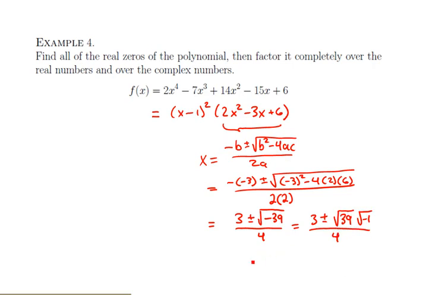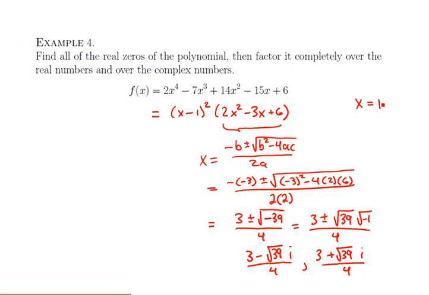So we have these two zeros, 3 minus the square root of 39 times i over 4, and 3 plus the square root of 39 times i over 4. So those are two more zeros in addition to the real zero, x equals 1, that we had already found with multiplicity 2.